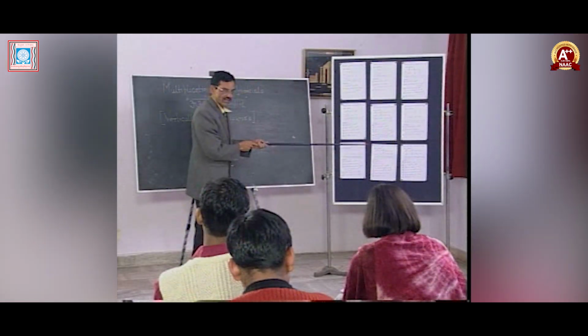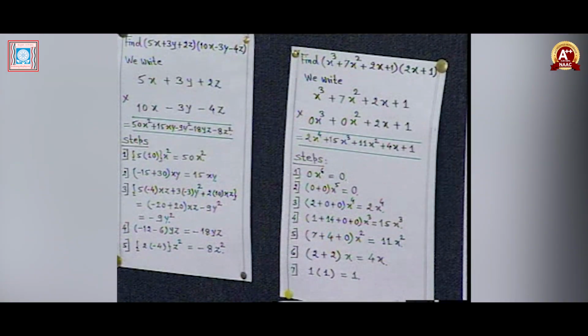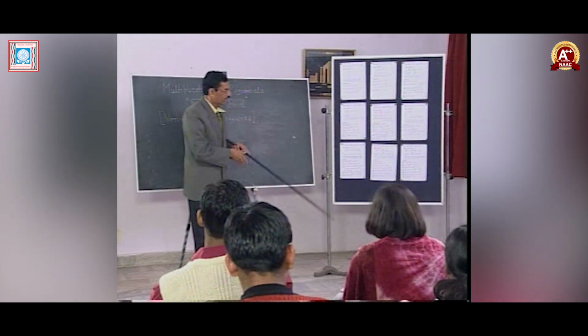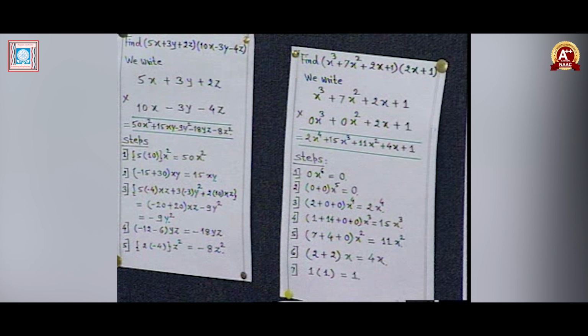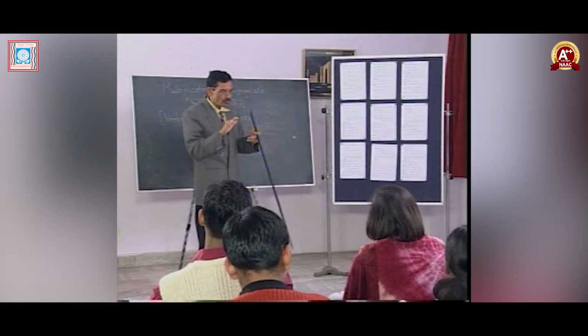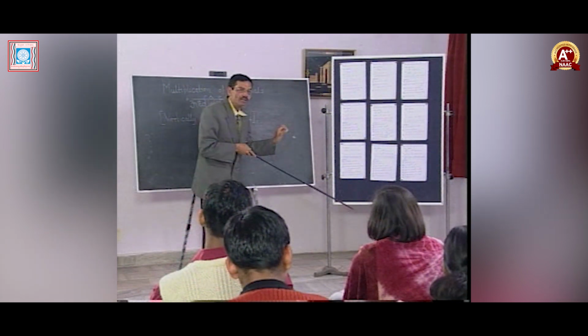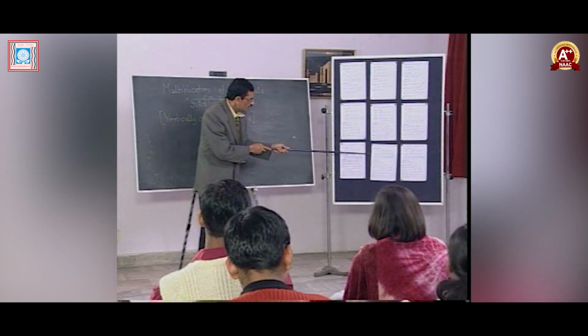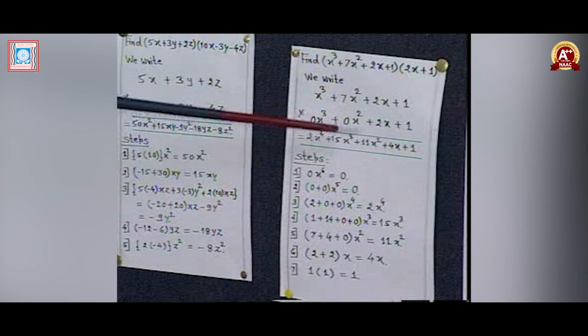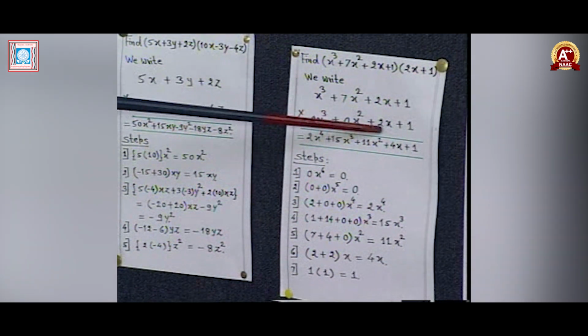Okay, we come to the next example. x cube plus 7x square plus 2x plus 1 multiplied by 2x plus 1. Now what we note is there are 4 terms in the first polynomial and 2 terms in the second polynomial. To balance our crosses, we add the missing terms. So the missing terms are 0x cube, 0x square, plus 2x plus 1.